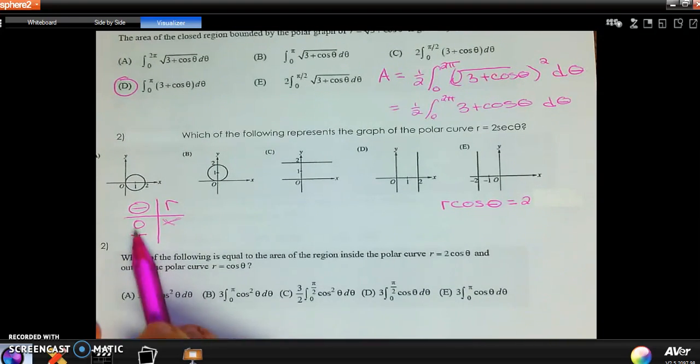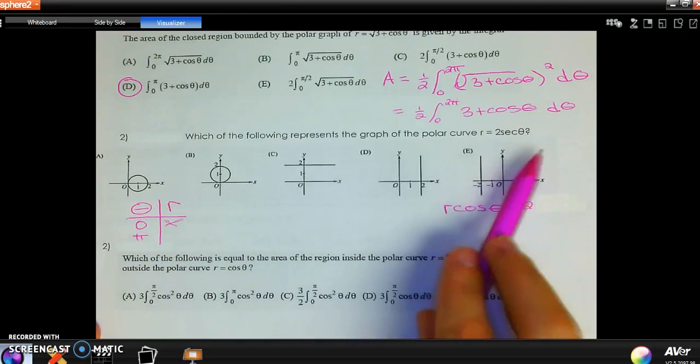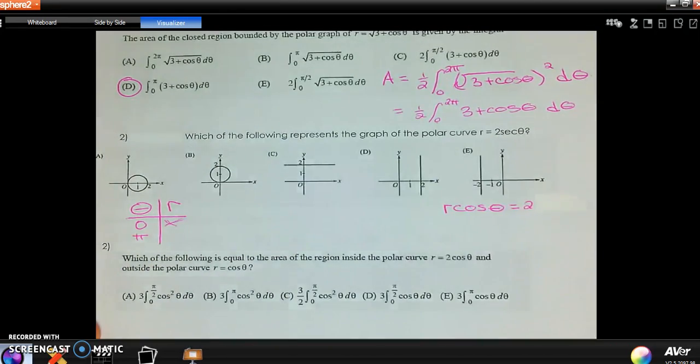So then you go on and you're like, all right, let me try plugging something else in. So maybe you plug in pi. Secant of pi, well, I know that cosine of pi is -1, so secant is the reciprocal of that, but the reciprocal of -1 is -1.